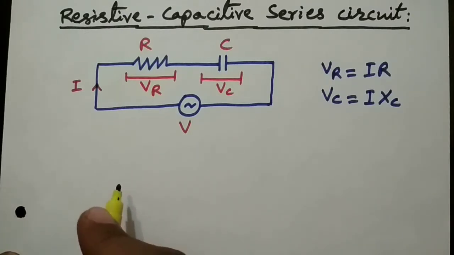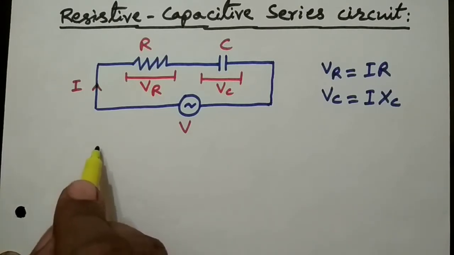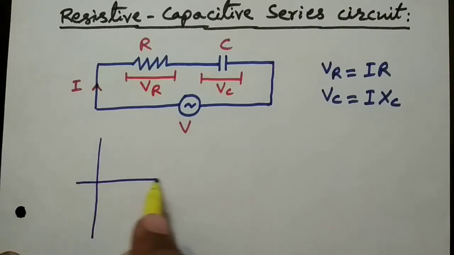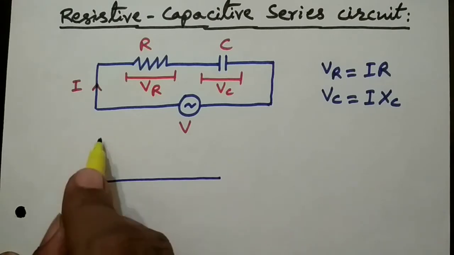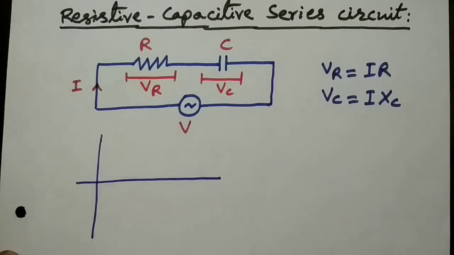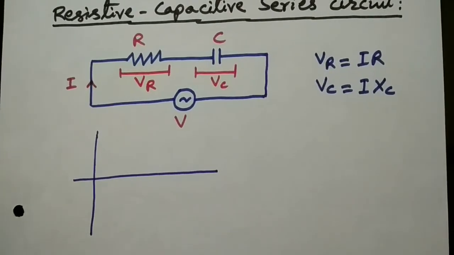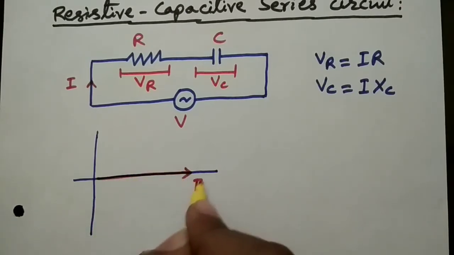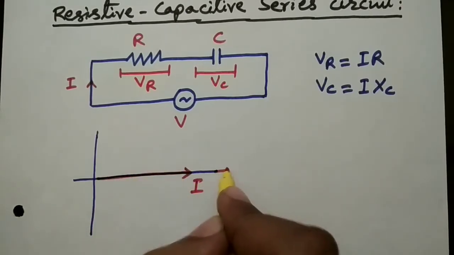Now let's draw the phasor diagram of the voltage and current for this circuit. Initially we will take the current as the reference because here the current is common for both the elements. So in the phasor diagram we take current as a reference. Here is the phasor of the current, I. This is the reference line.